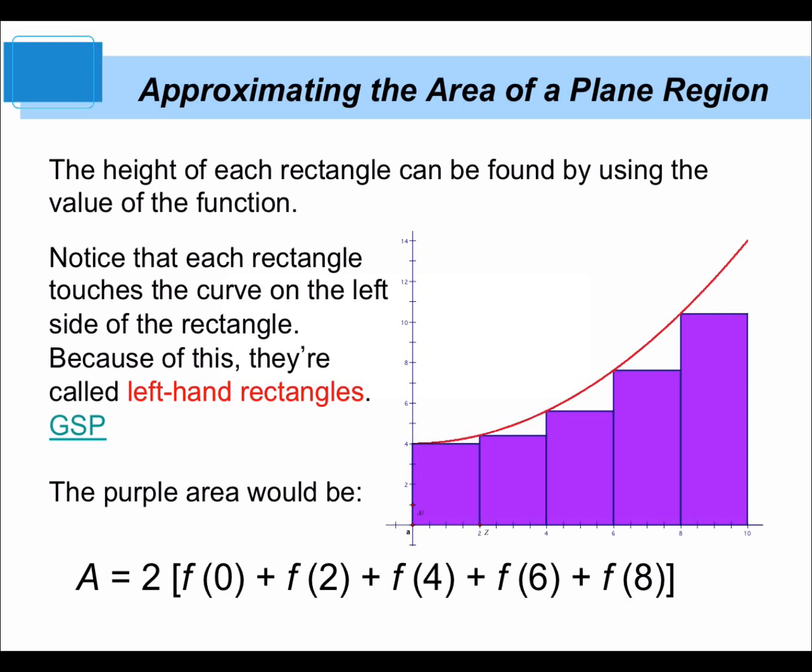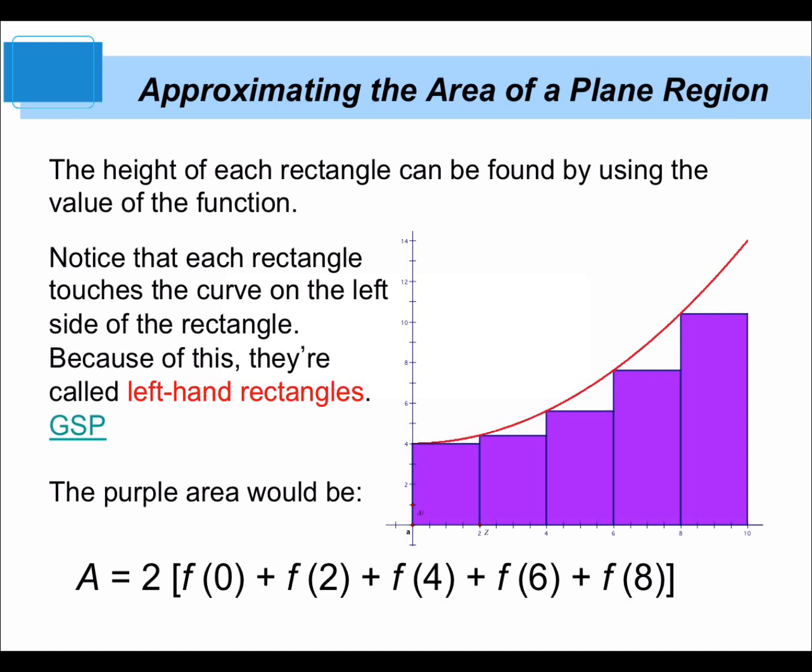So if I want to find the area of this rectangle, I know how wide it is because we did that calculation already. It's delta x. How tall is it? Well, the height of this rectangle is that distance right there. That distance is the y value at 8, also known as f of 8. If I move over one rectangle, it has the same width of 2, because we did that calculation already, which is over here out in front.